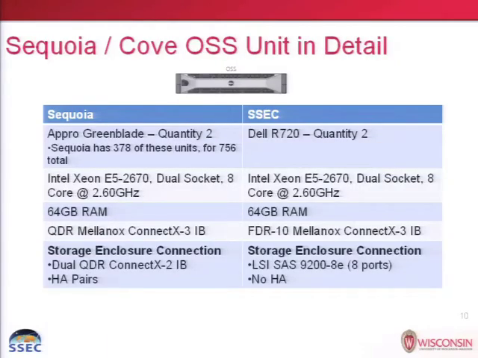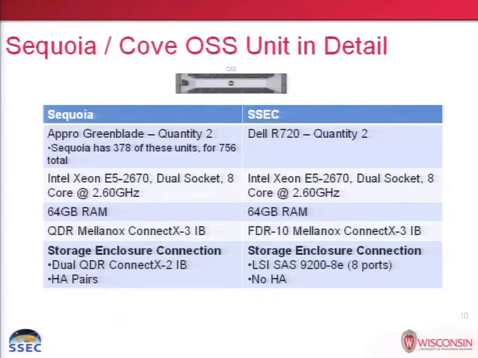The OSS unit in detail, I won't go into the whole list here, but for the storage enclosure connections, the Sequoia system is, I think, a NetApp, and it's direct InfiniBand connected in HA pairs. Ours is not high availability.